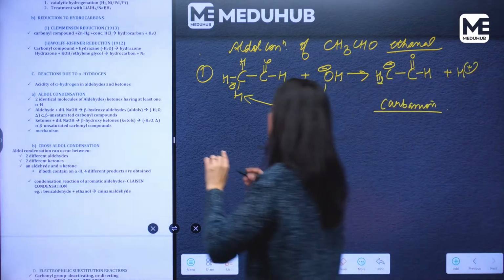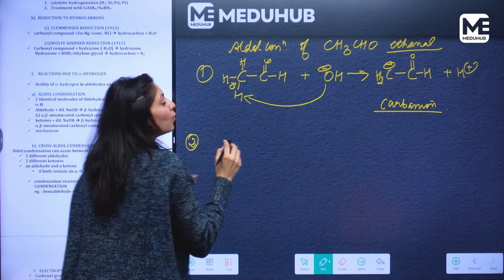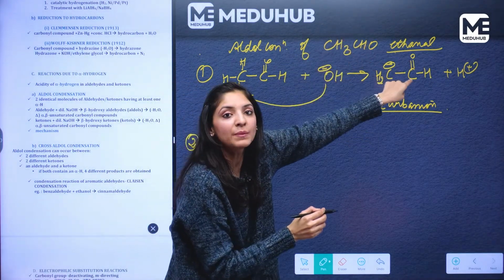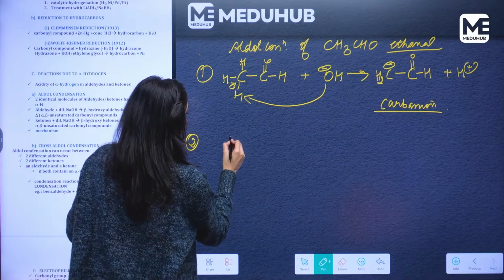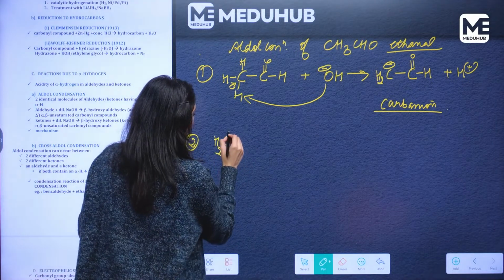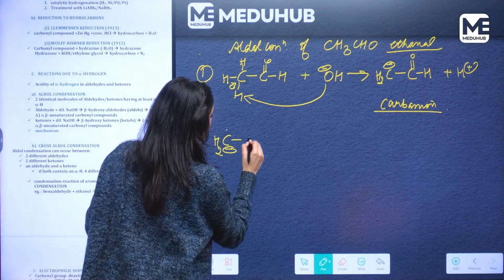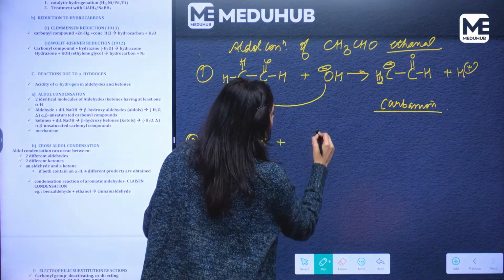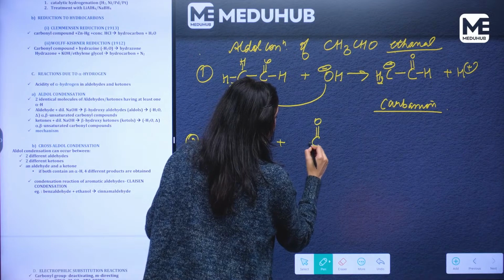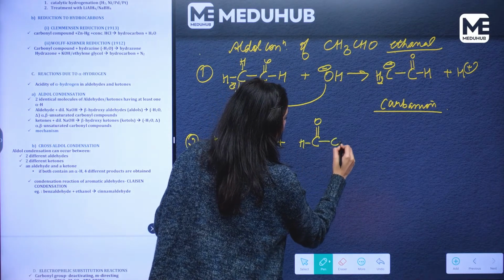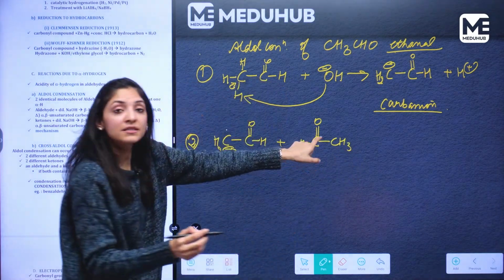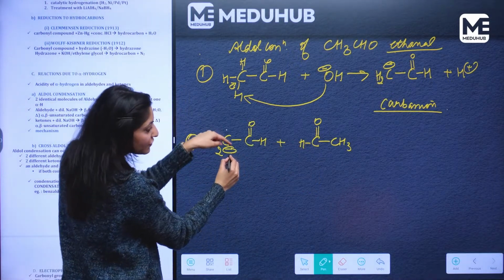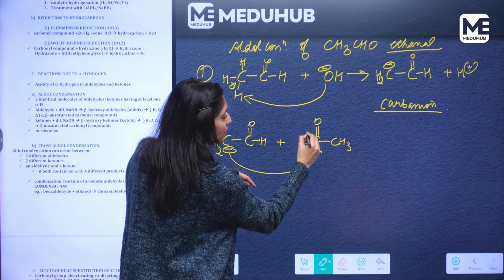Now in the second step, one molecule of ethanol will add on to this carbanion here. This is the carbanion and this is the molecule of ethanol. Because this is an electrophilic center, this negative charge will attack here.